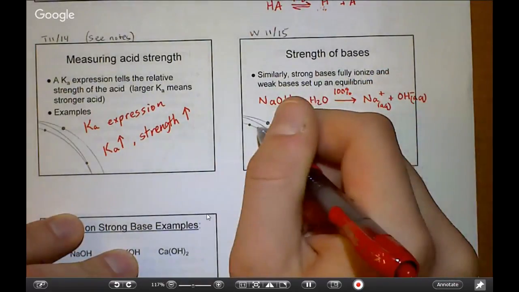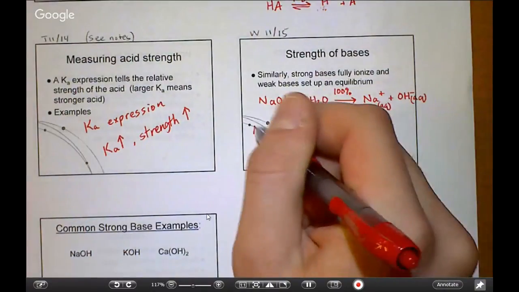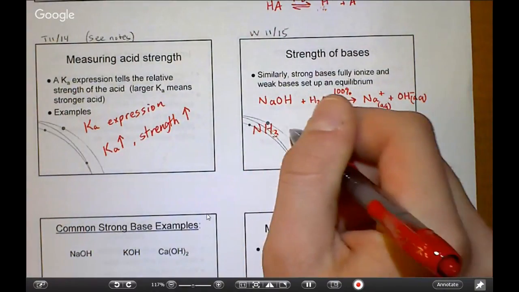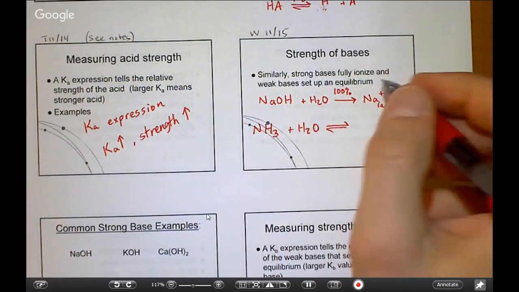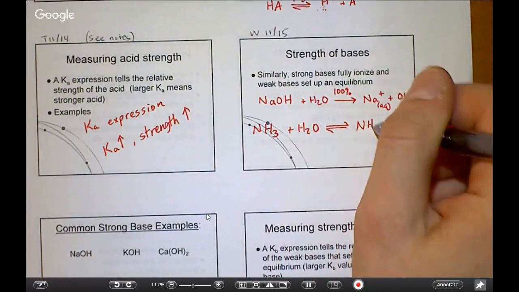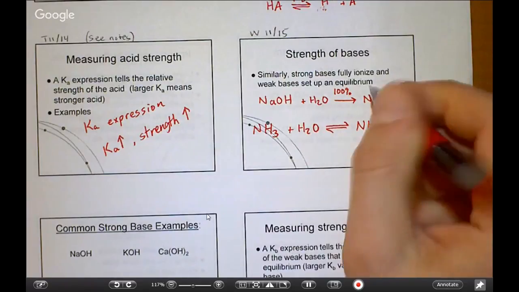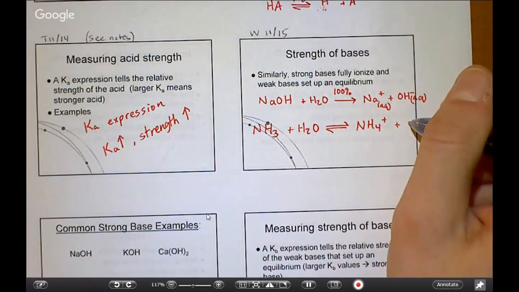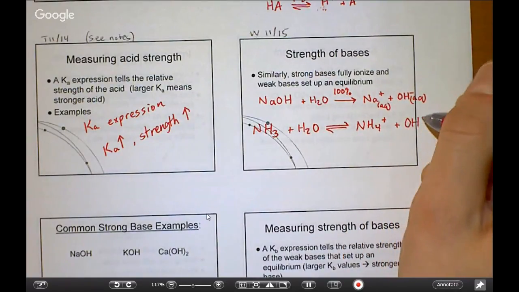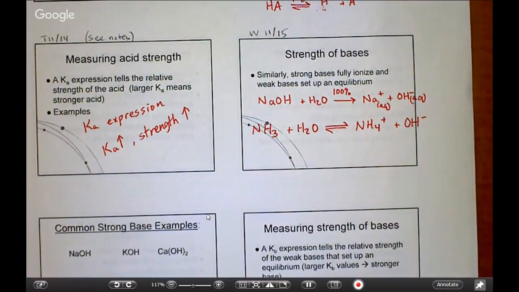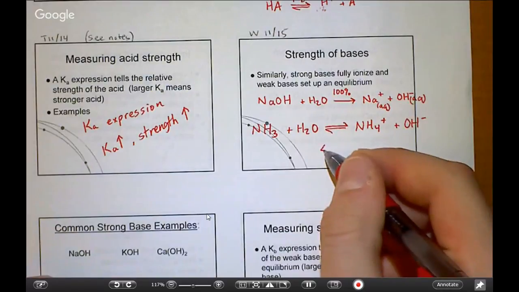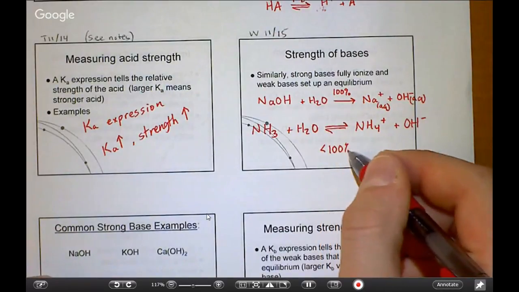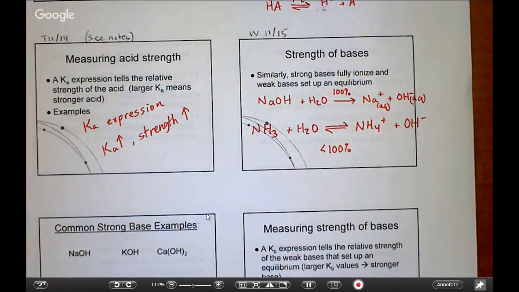For weak bases, something like ammonia, if we add that to water, we're going to set up an equilibrium where we look at the Bronsted-Lowry case here, where we make our conjugate acid, and then we make our conjugate base. So the fact that we have an equilibrium here says that we have less than 100% ionization. It's incomplete.